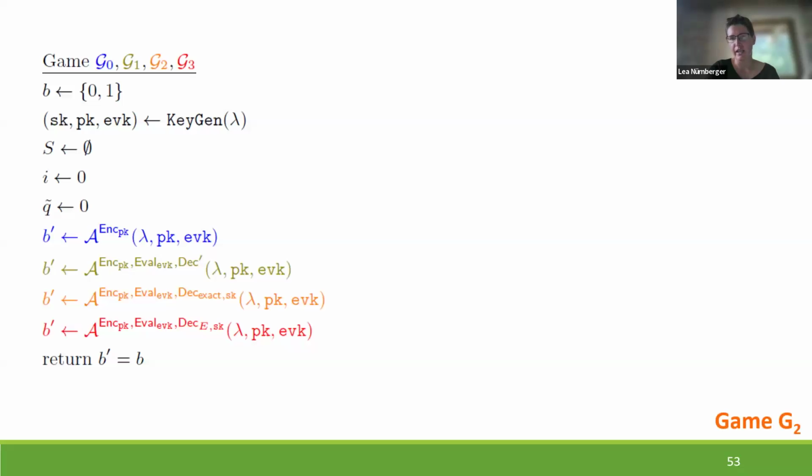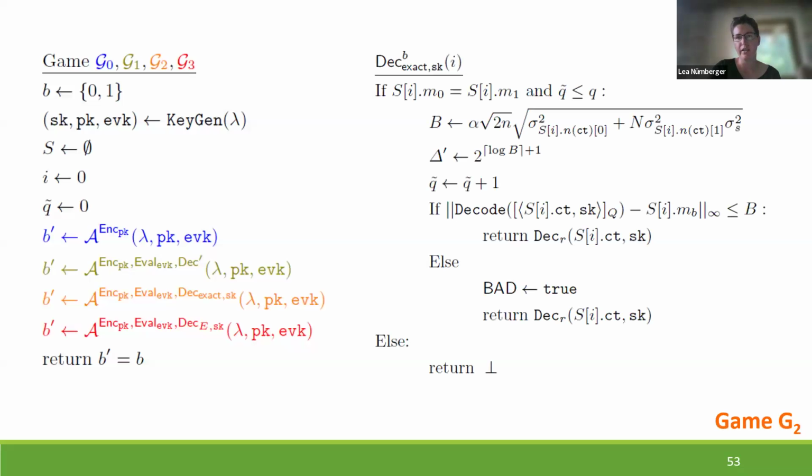Then in our second game, we essentially again calculate the bound of the noise and the rounding factor. We check whether the bounds hold, but then just return the ideal functionality. So we just return the B minus R topmost bits of the message. So essentially here now, whether the bounds hold or not doesn't really matter, because it doesn't matter to the ideal functionality.